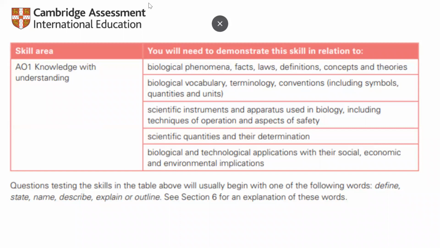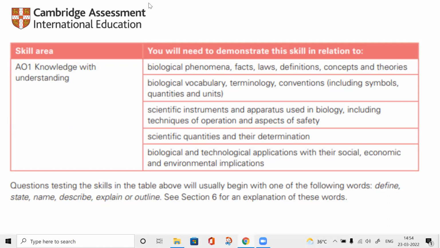You must have come across command words in IGCSE. So go ahead, do a little bit of recap. What is a command word? What do you understand by these command words? You can share in the chat, you can unmute and speak, whatever you're comfortable with.